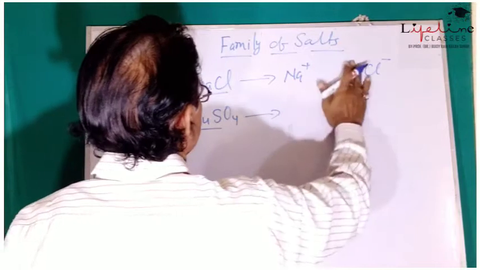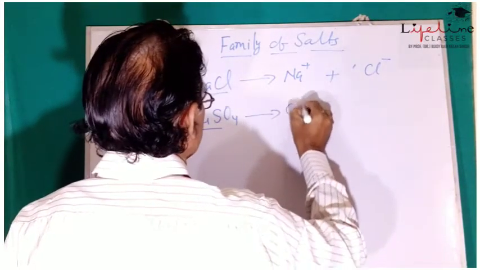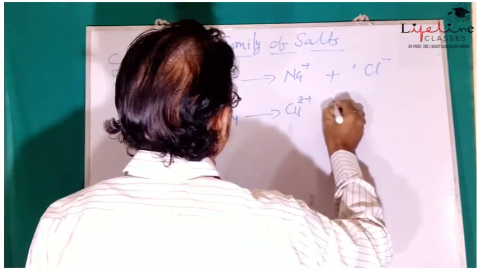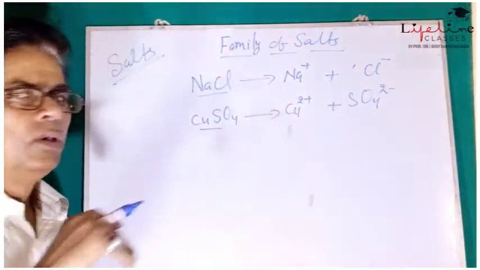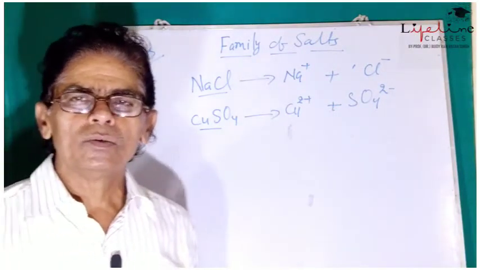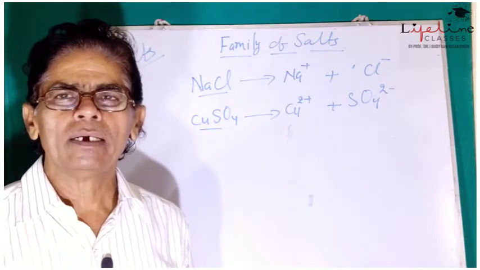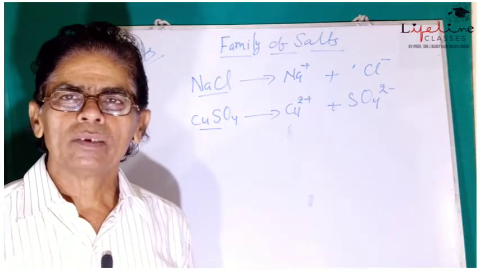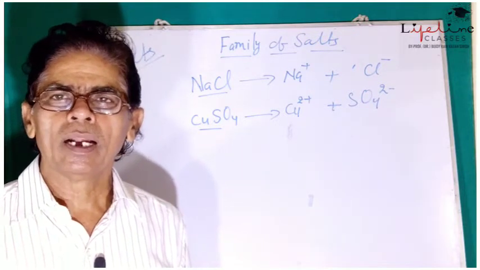Similarly, copper sulfate contains Cu2+ and SO4 2-. You know that the positively charged constituent of the salt is known as cation and negatively charged ions are called anions.